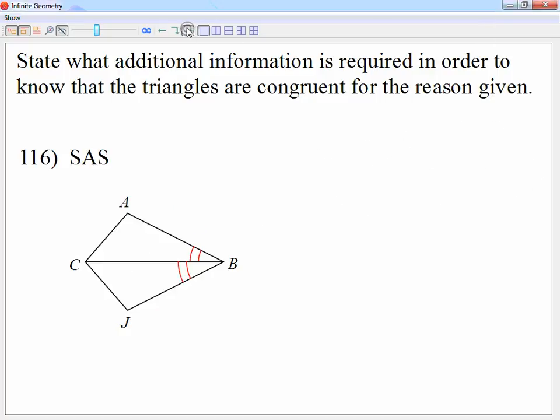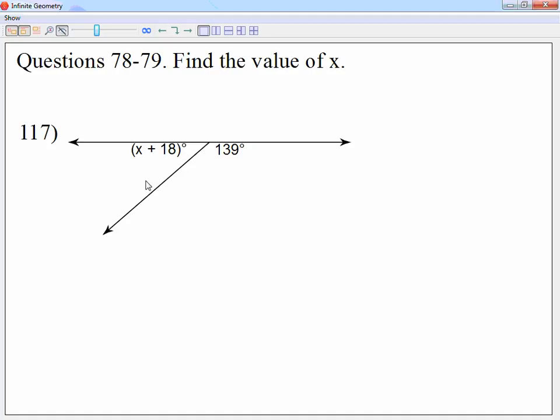All right, 117. I think we saw the similar rule earlier in this packet. If I look at this angle and I look at this other angle, together they make the angle of a line, which is 180, right? Make half of a circle. So add everything.